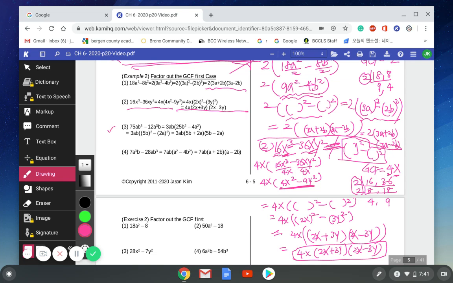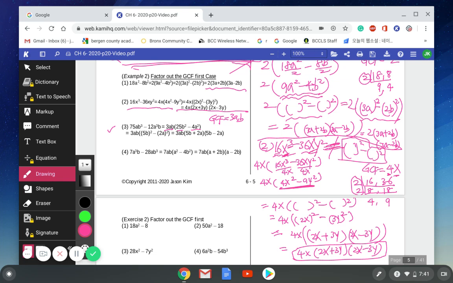Now number 3, again, the first thing you do: it is not a difference of perfect squares format as it is. But what we found out was there is a GCF. So the GCF of number 3 is 3AB. Take 3AB out, and if you simplify inside, you get 25B² minus 4A².